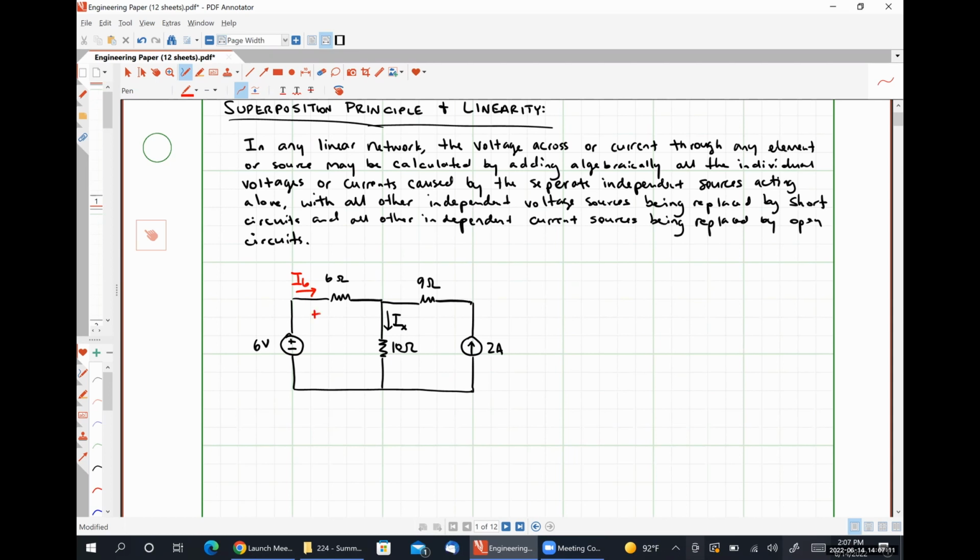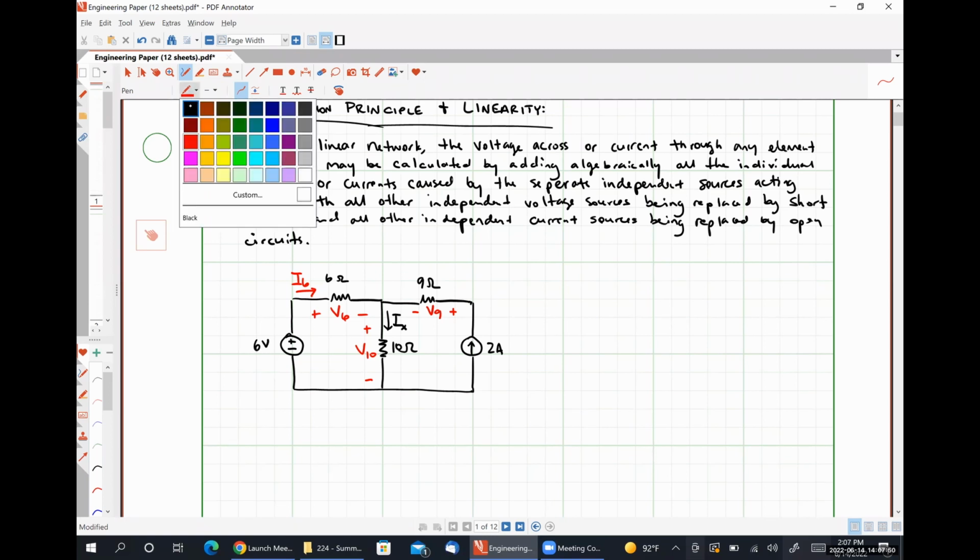I'm going to call the voltage drop across the 6 ohm resistor V6, having this particular polarity. I'm going to call the voltage drop across the 10 ohm resistor V10, and the current is already defined to be IX. I'm going to call the voltage drop across the 9 ohm resistor V9, and we can easily observe that the current flowing through the 9 ohm resistor is just the 2 amps provided by the source on the right.